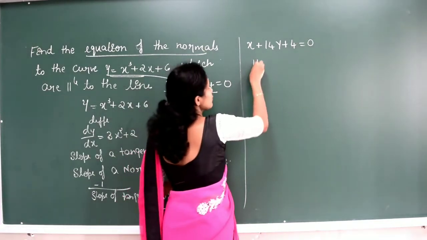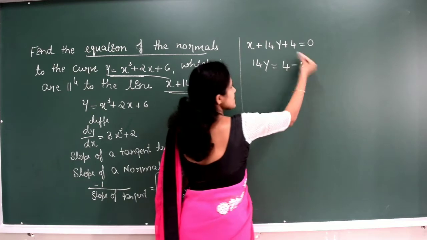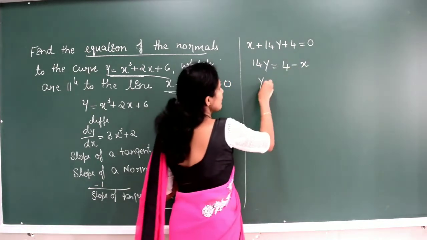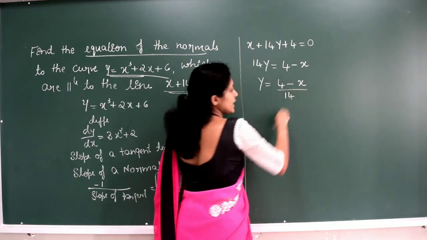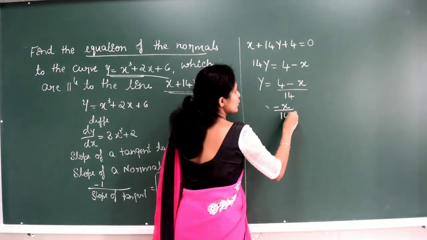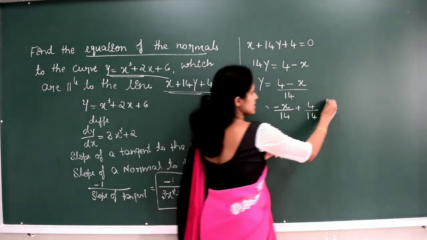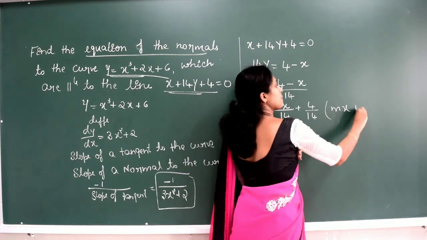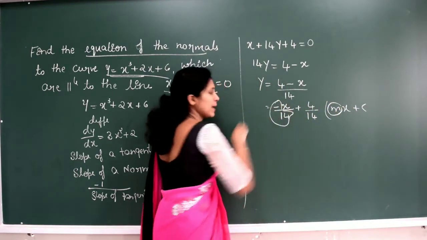So we will write 14y is equal to 4 minus x, and y will be equal to 4 minus x divided by 14. I can write this as minus x divided by 14 plus 4 by 14, right? So if I want to write this as mx plus c, what is the value of m here? m is minus 1 by 14.